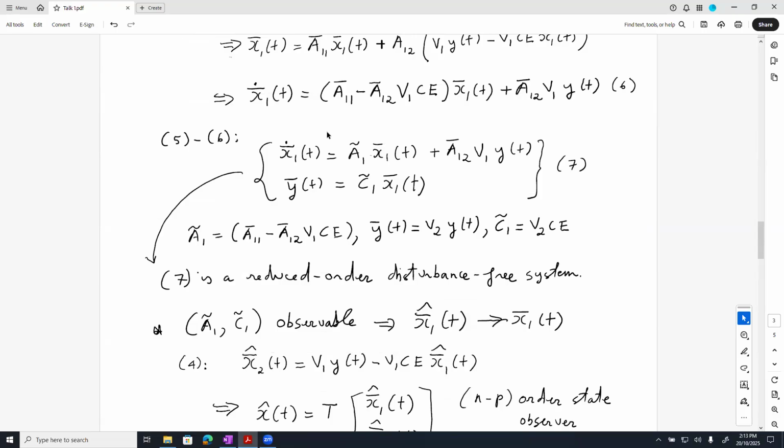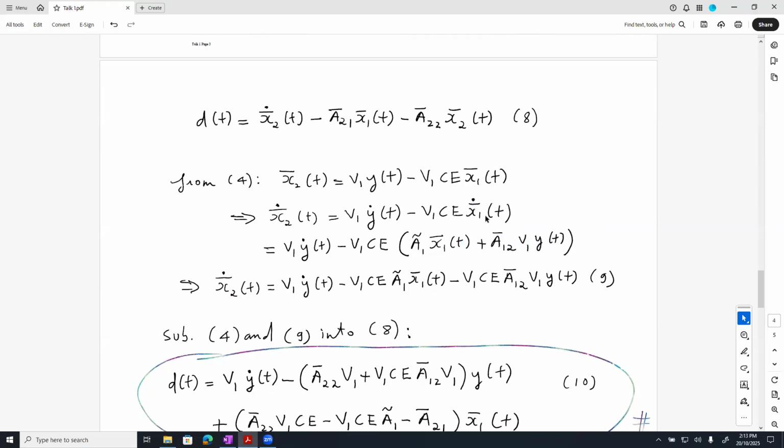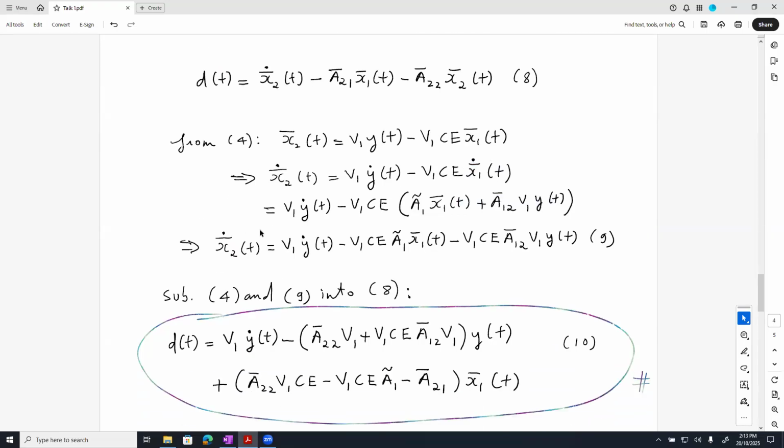You see the one in here, okay? So it's just a matter of routine substitution, and we would be able to express x2 bar dot in terms of the first derivative of the output measurement vector and the reduced order disturbance-free system x1 bar.